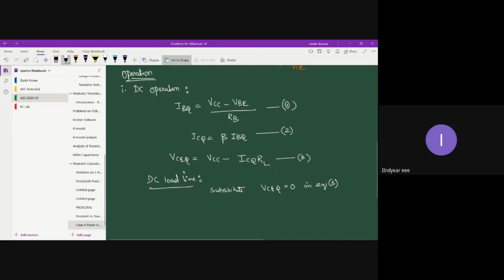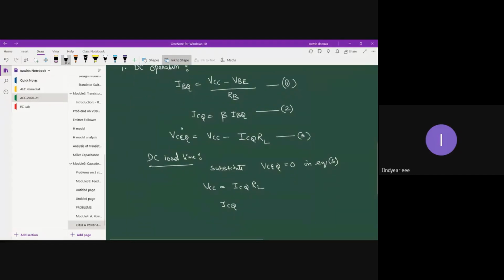So when you take VCEQ equal to 0, you would get VCC equal to ICQ into RL, or ICQ is equal to VCC by RL.